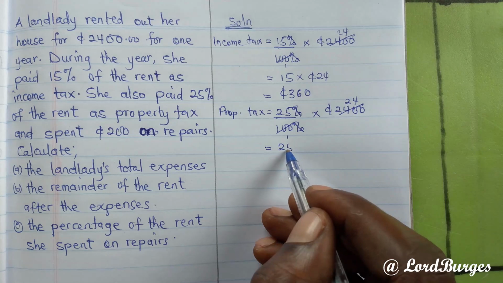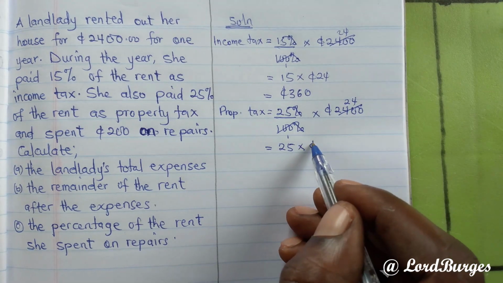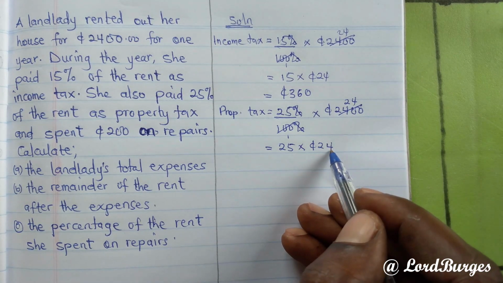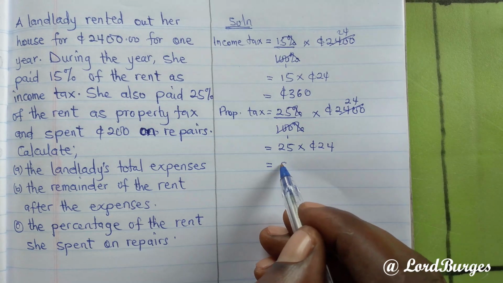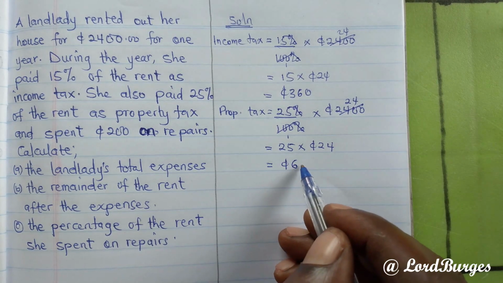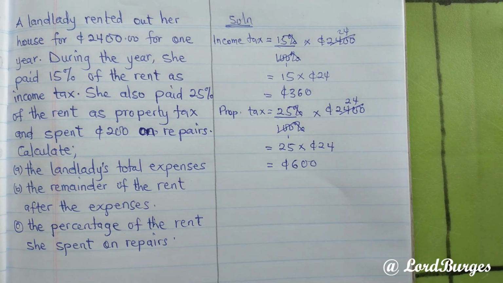So I would be having 25 by 24 cedis, which will result in 600 cedis. So she also spent 600 cedis on property tax.